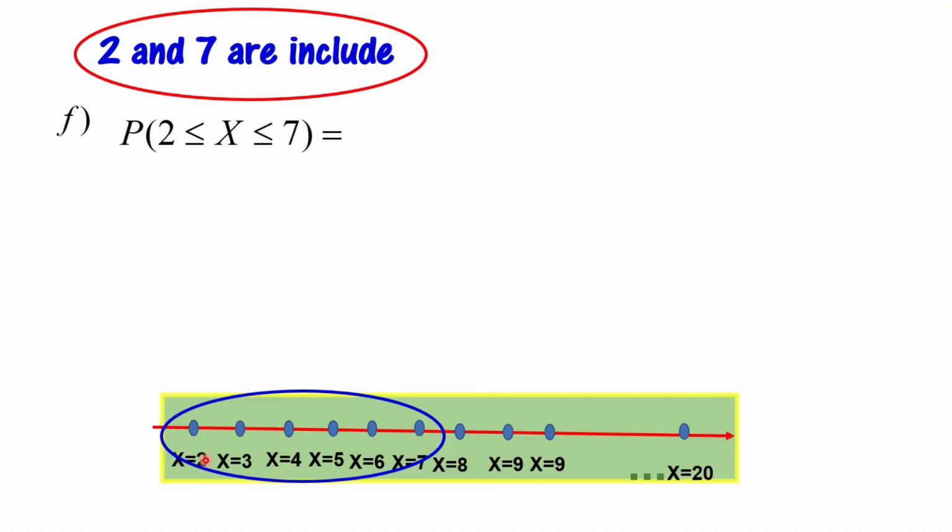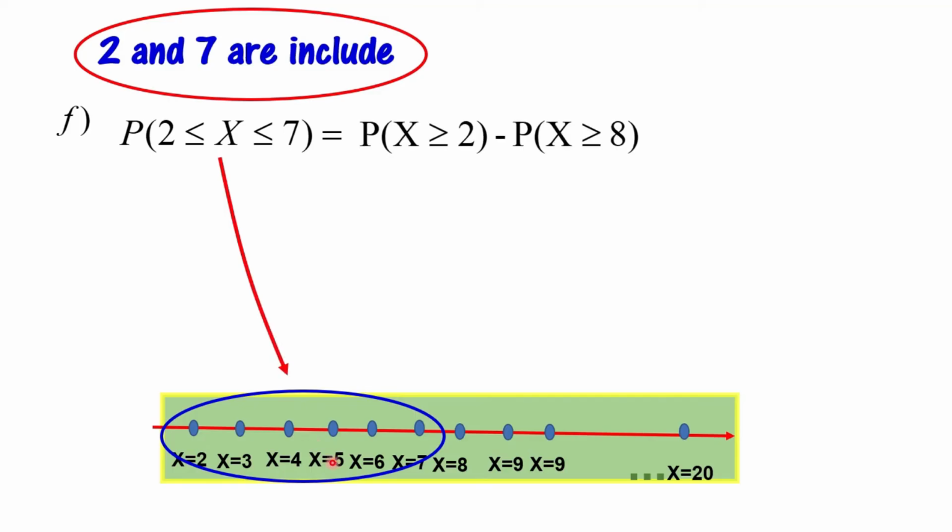This is the value that the question asks, that is the probability starting from 2 until 7. But we want to use the table instead of the formula. When you use the formula, it is very tedious, because you need to find these 6 values. So better to use the table.